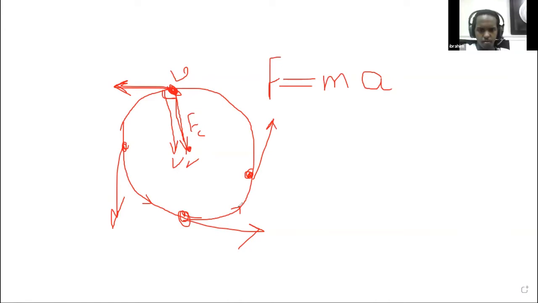Then I ask, what is the direction of the acceleration with which the moving object moves? I say the direction of acceleration is in the same direction as the centripetal force.